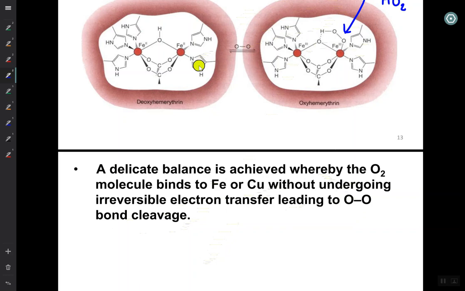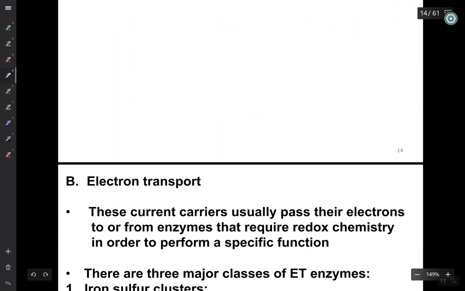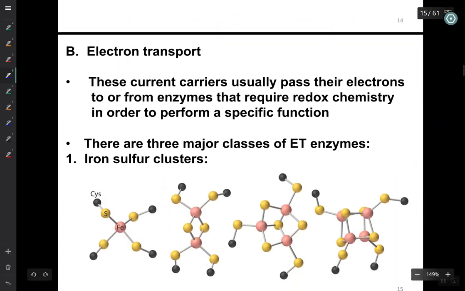So the trick that nature has figured out is how to stabilize the O2 molecule and allow it to be released so that this could be a reversible process. There are other proteins that don't just bind O2, they will activate it and use that O2 molecule to carry out other reactions, which we'll talk about soon. So those are examples of O2 transporters.